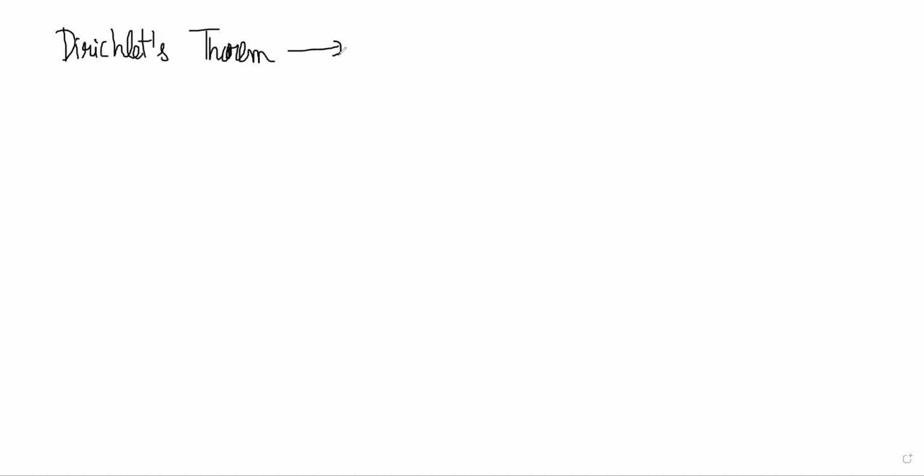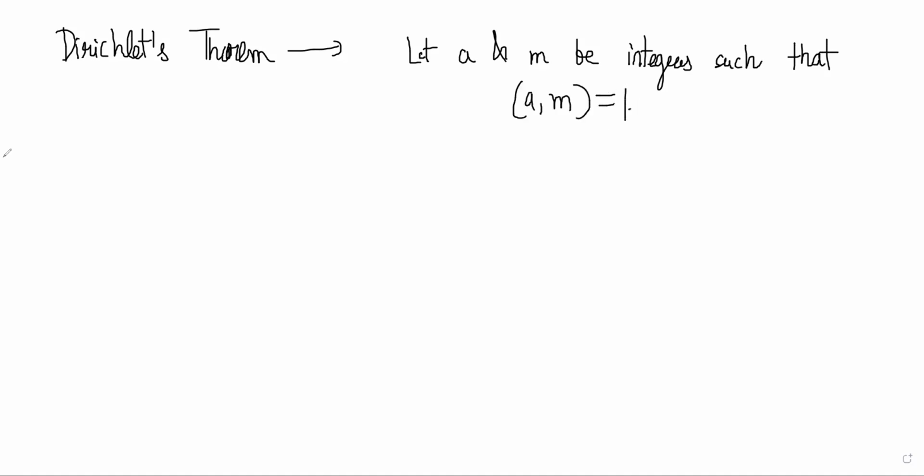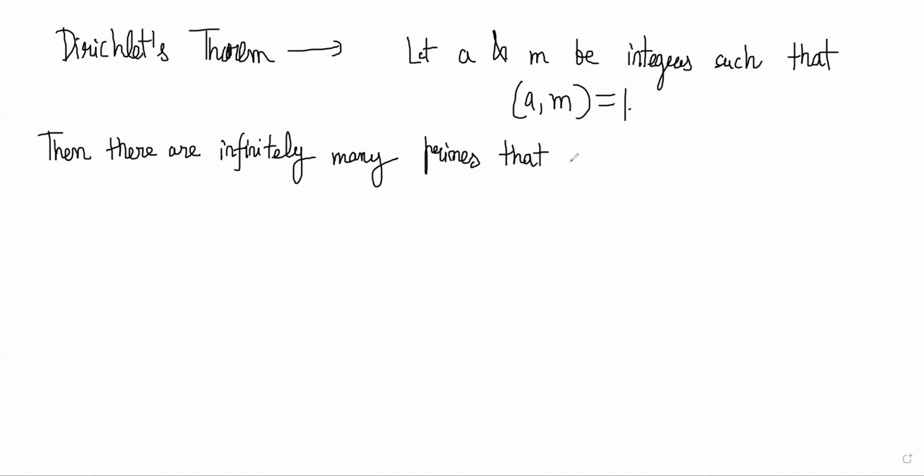The statement of the theorem is this: let A and M be integers such that the GCD of A and M is 1, then there are infinitely many primes that are congruent to A mod M.